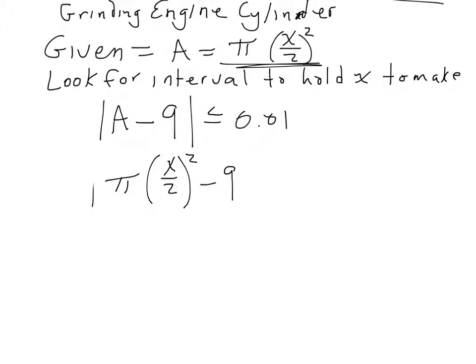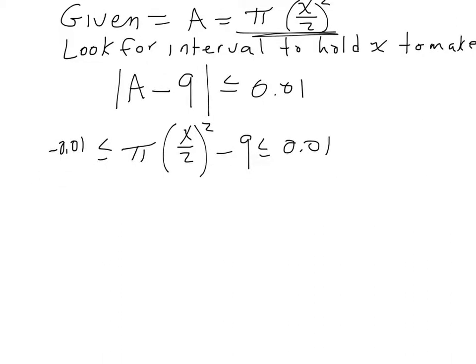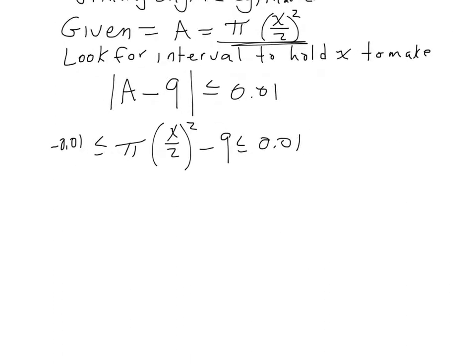Let's be lazy and skip a step. Let's go ahead and do our plus and minus 0.01. In fact, I think this is one of your MyMathLab problems. So I'm going to add 9 into every single piece here.